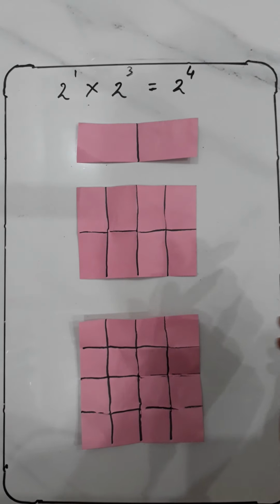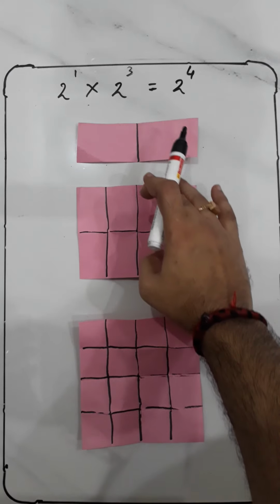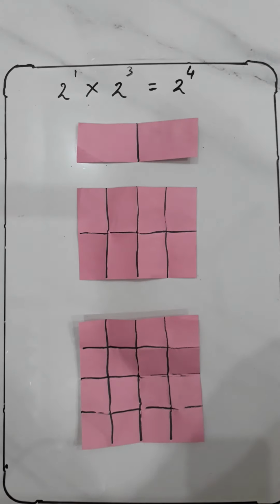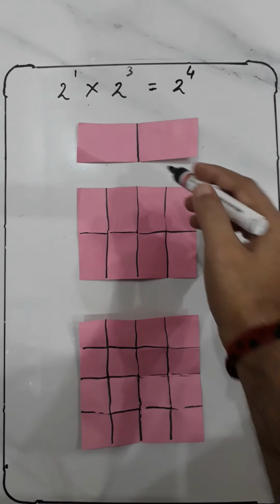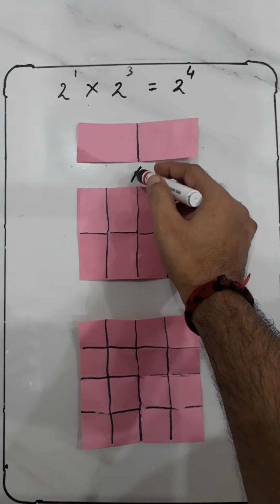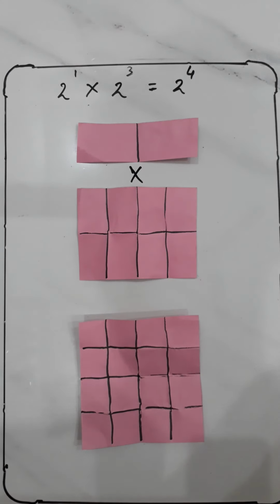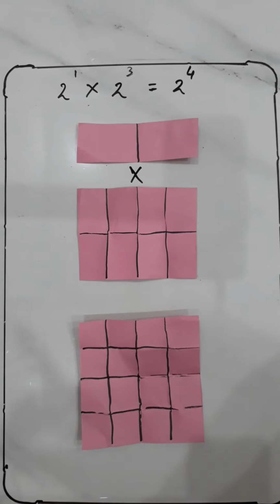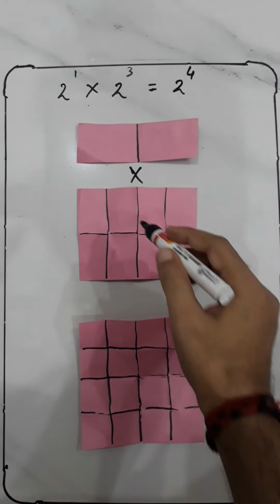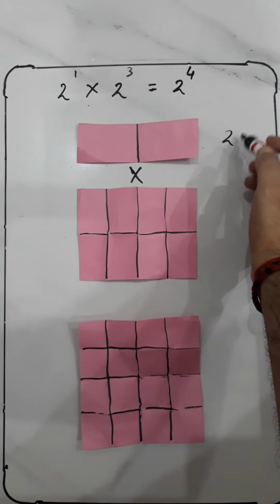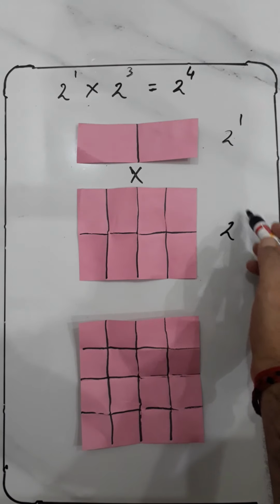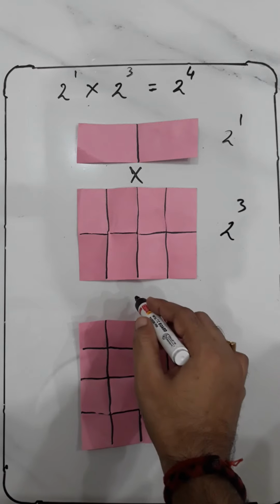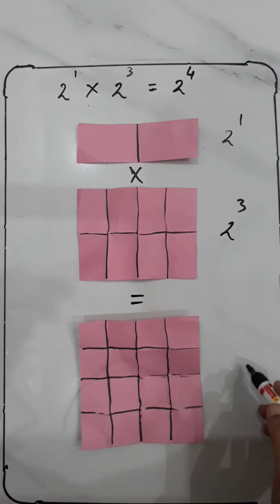Now you will paste these in your practical file, and you will put a sign of multiplication here because it is 2 raised to the power 1. This one is 2 raised to the power 3, and when you multiply these two, you get 2 raised to the power 4.